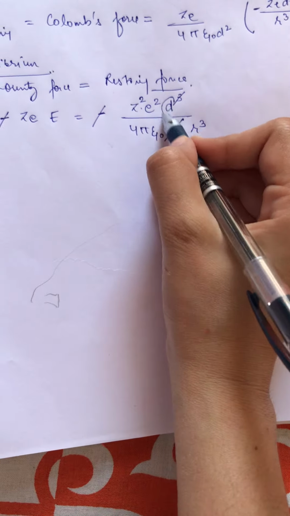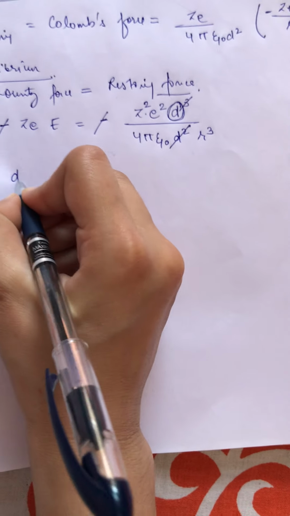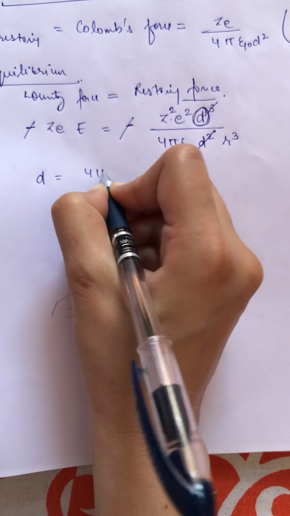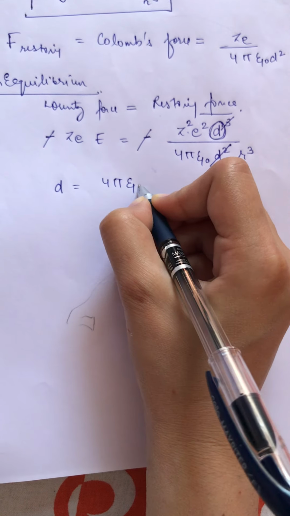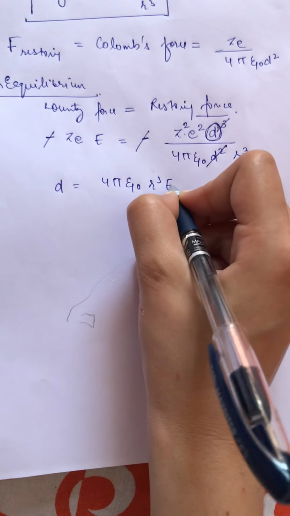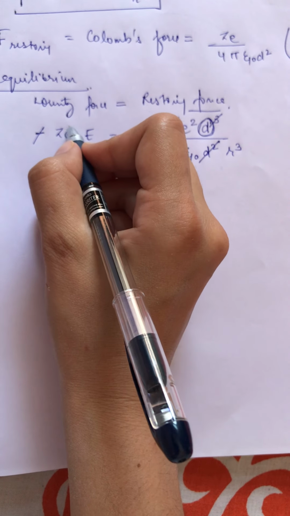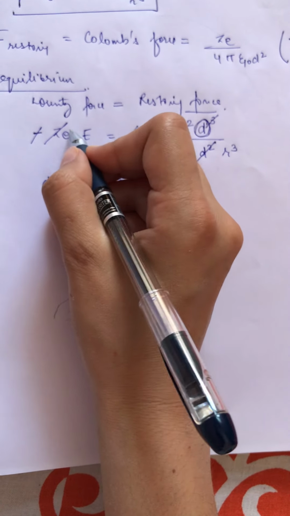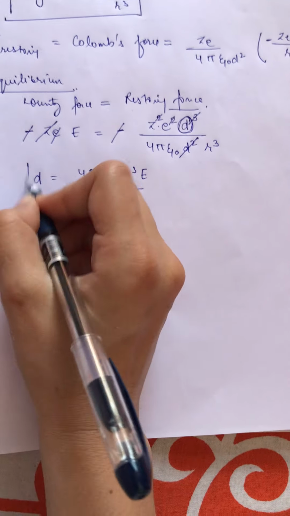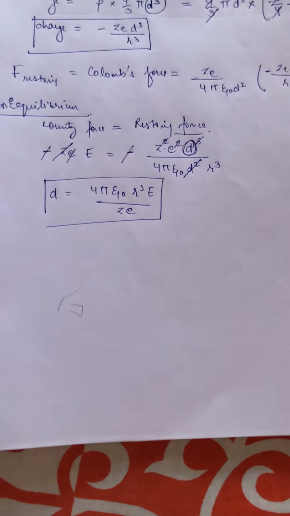Now we will find the value of d from this equation. So d becomes 4 pi epsilon naught r cube into E upon Ze. Here Z cancels out with this, e cancels out with this one. So we get this equation.